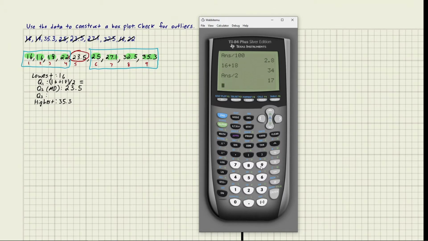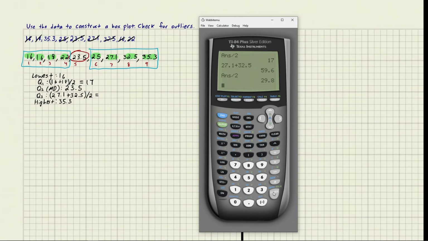We get 17. And on the other side, it's going to be the same since both sides have the same amount of numbers. So we're going to take the middle 2 numbers, 27.1 plus 32.5 and then we're going to divide that by 2.